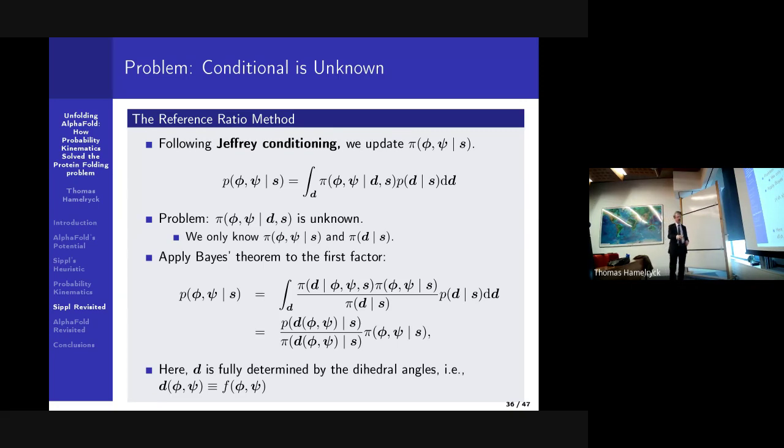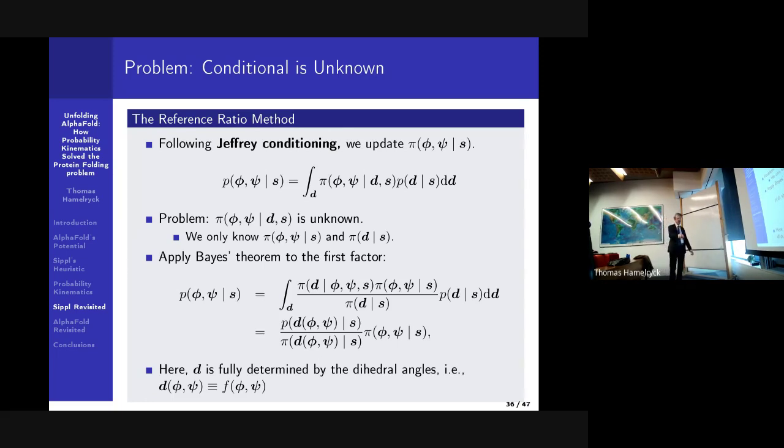So the only thing that remains is this ratio over here, where we have the angles, and the distances that we calculate from the angles, and we evaluate these two probability distributions at that exact value. And remember, these are fully determined by the dihedral angles. So if we know the dihedral angles, we know the distances. So these are the only remaining values of the distances. All the other values are zero and they disappear.